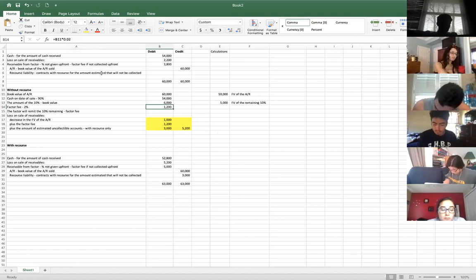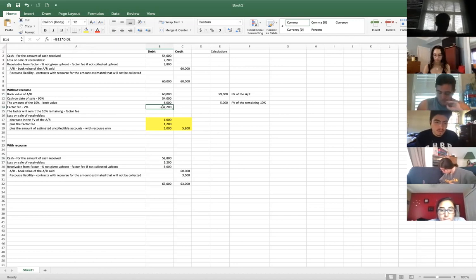It said in the instructions that they charge a 2% fee on the book value. So my factor fee is the 60,000 times the 2%. In this contract, read the very last sentence.